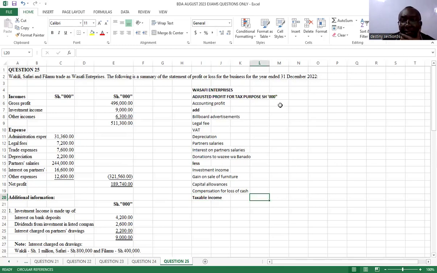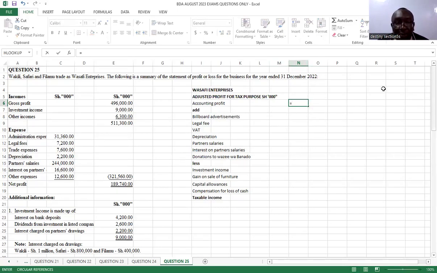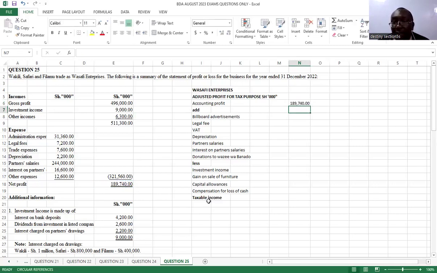The accounting profit is how much? 189,740. Good. So we can put it in column N, so that we will allow some 2 columns. So it is this amount here.